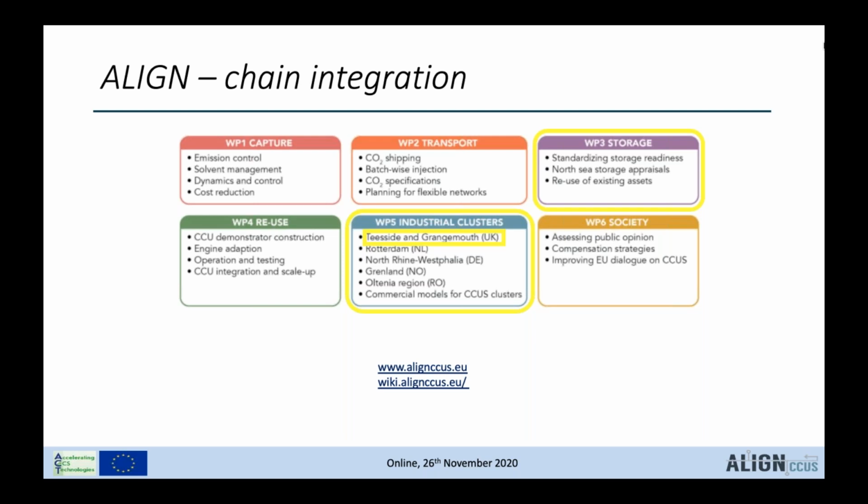Both of these, Work Package 3 and the Teesside and Grangemouth investigations, are led by the BGS. Now, there are UK research partner activities in the other work packages, and I encourage you to visit the project website and the ALIGN wiki with the links here below. Can I have the next slide, please?